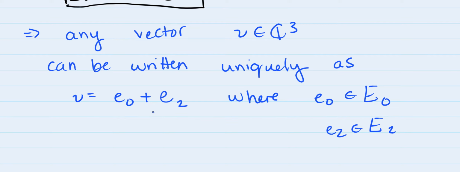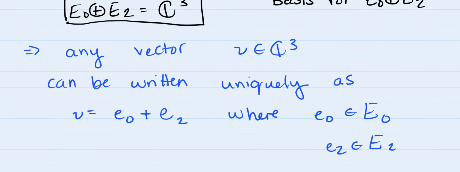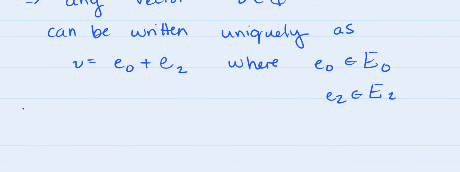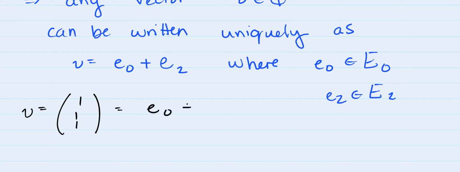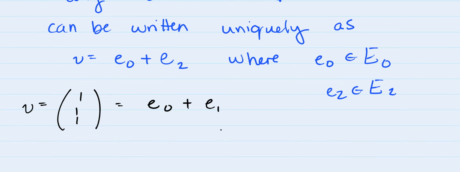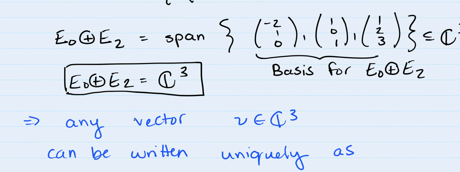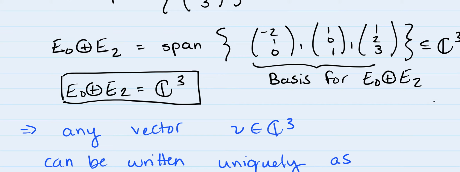So let's see. We're going to find the coordinate matrix. Let's just do an example. Let V be the vector 1, 1, 1. I want to write it in terms of 2 vectors that belong to E0 and E2. Well, let's write this in terms of the basis that we found, this basis for E0 plus E2.